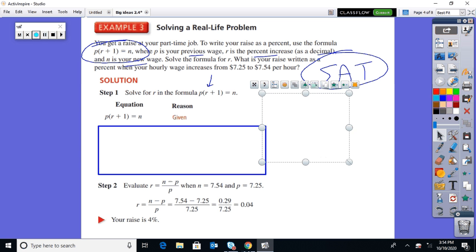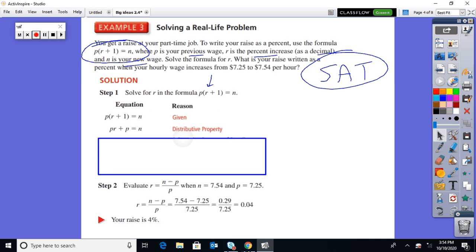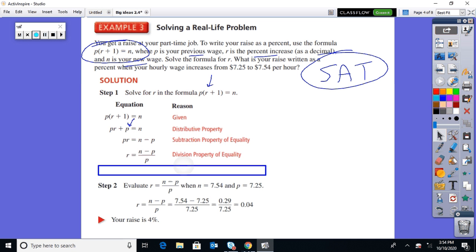To solve for r, first we want to divide or distribute the P. You could divide; this is just one other way to do it. So they're distributing the P, showing you the distributive property, and then subtracting P on both sides of the equation. Remember, we're trying to isolate r, so we want to get rid of this P, so we subtract it on both sides. And then we divide by P to get r by itself.